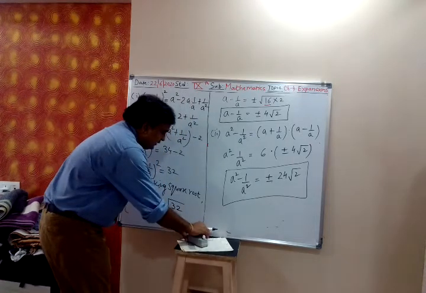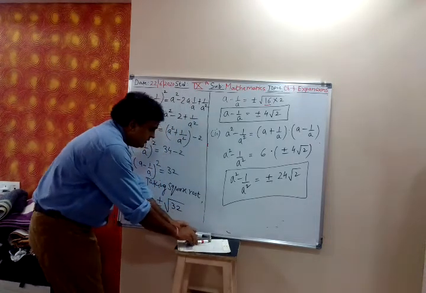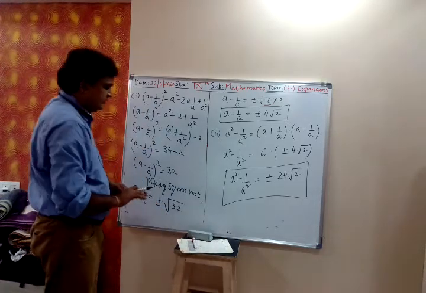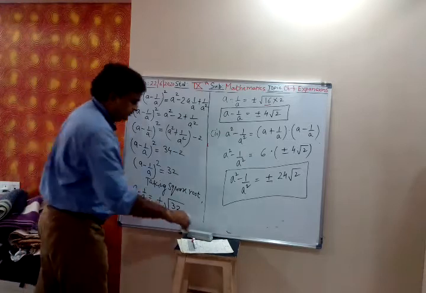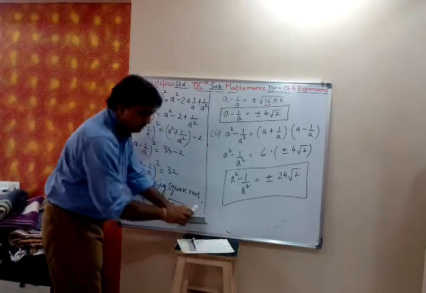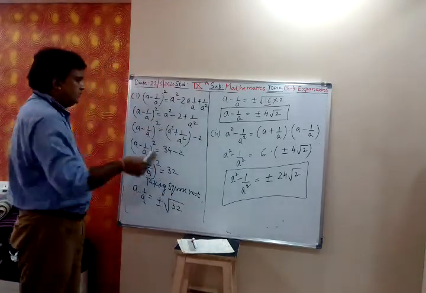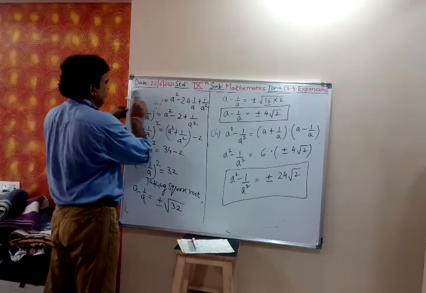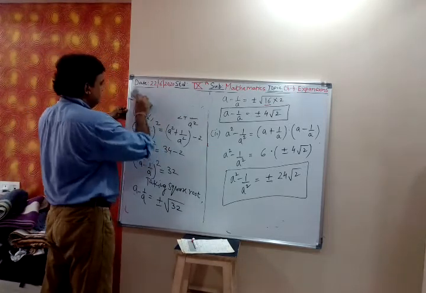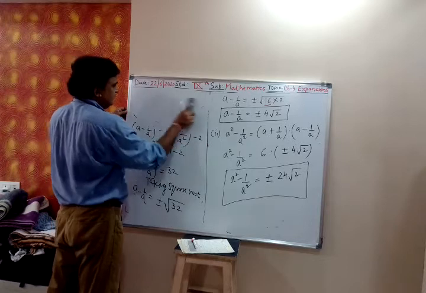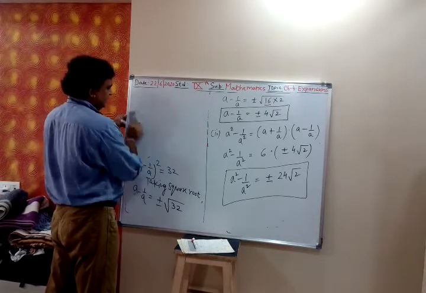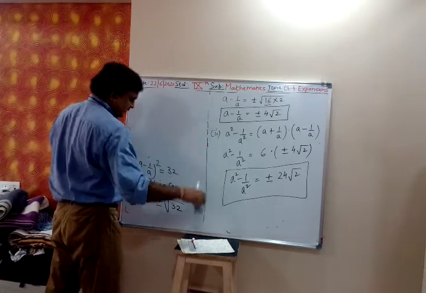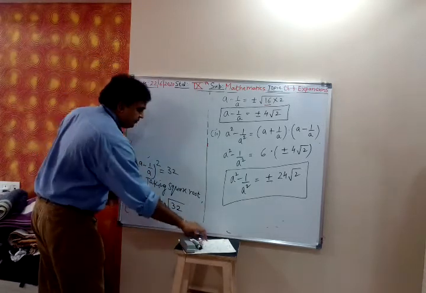In the same way, question number 11. All of you are having textbook? Yes? If all of you are having, then I can directly write homework without writing the question. Okay, let me write. Question number 11.